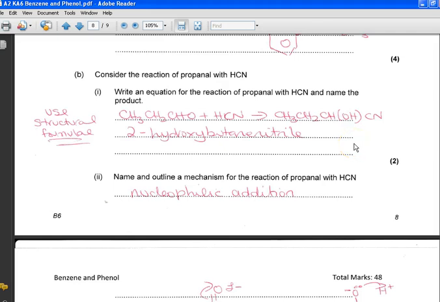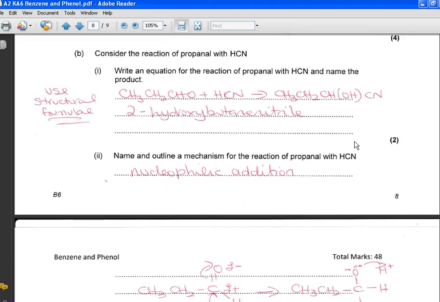Okay, so now we're looking at propanal, which is a carbonyl group, with HCN. So propanal, write an equation, again use structural formula. So we've got alcohol group joining on, and then carbon and the nitrogen.